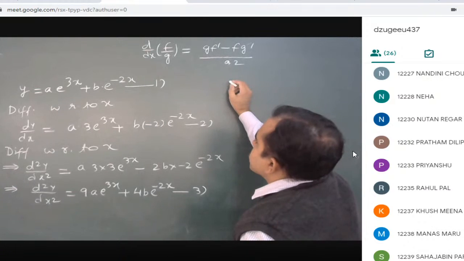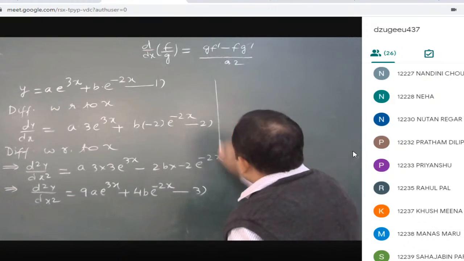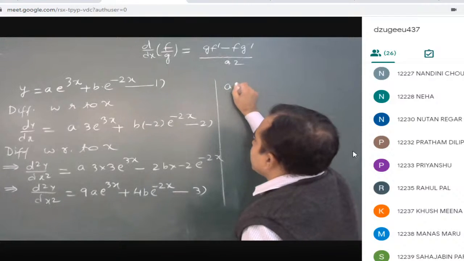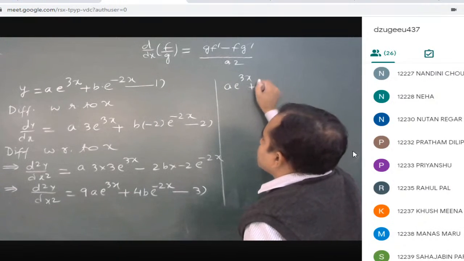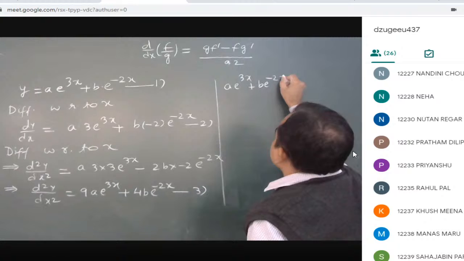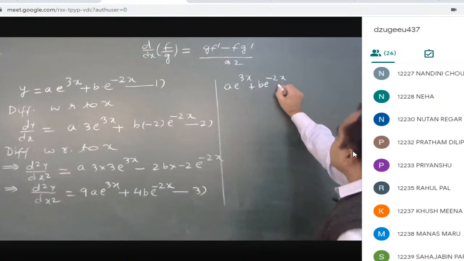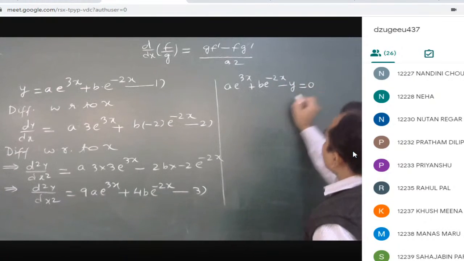A e raised to power 3x plus b e raised to power minus 2x. This y I am taking on the other side, minus y equal to 0.